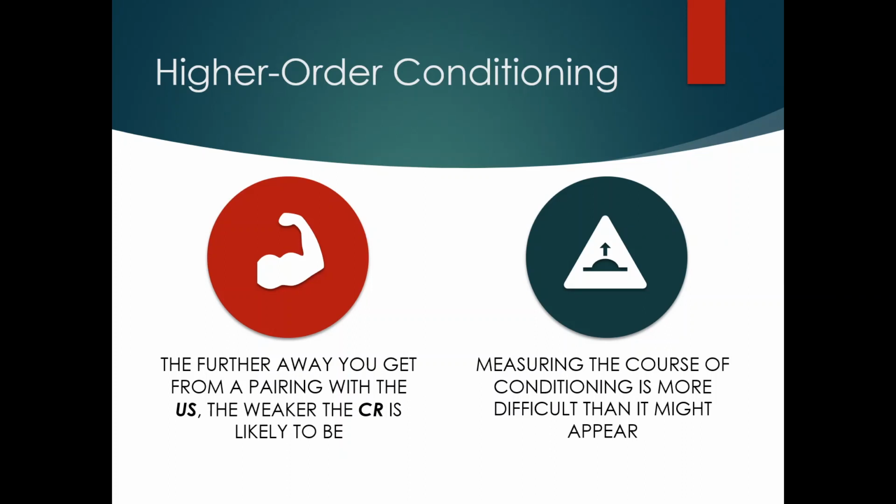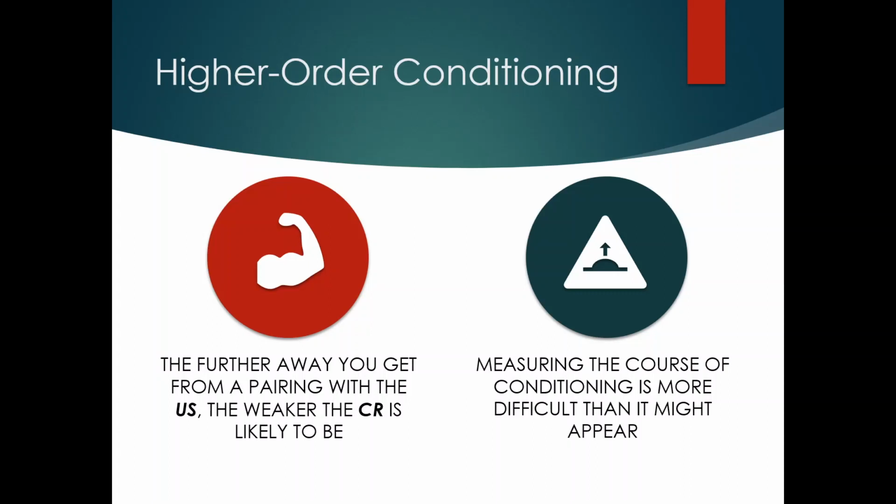As I said, there's no limit to the number of higher order conditioned stimuli you can have, but we do know that the further away from the original conditioned stimulus, the weaker that response is likely to be. So if you start with CS1, maybe think about that pizza example again, and over time you build up to CS30, a 30th stimulus you've learned to associate with pizza, that stimulus likely will not elicit as strong of a conditioned response as the CS1.